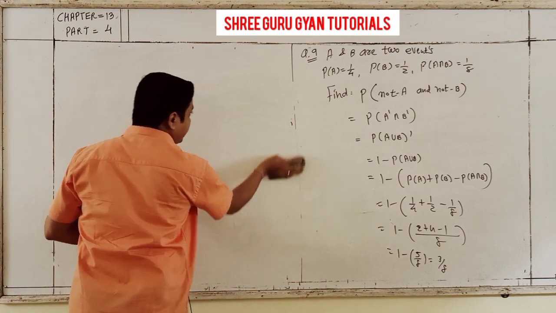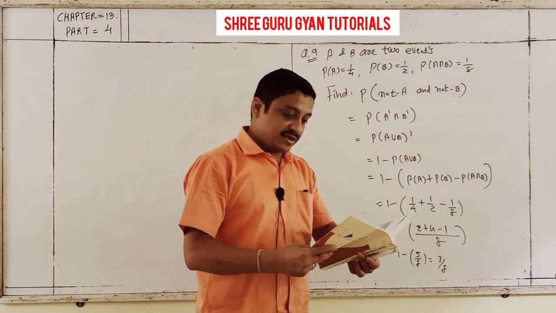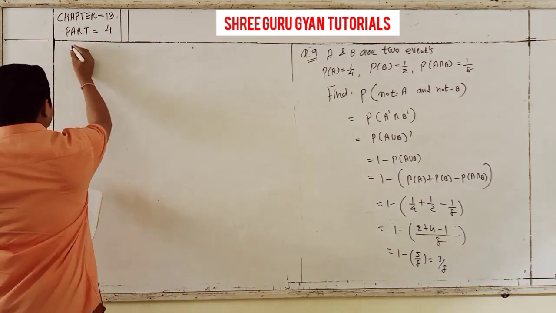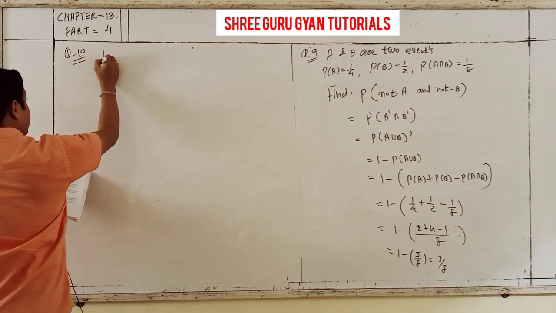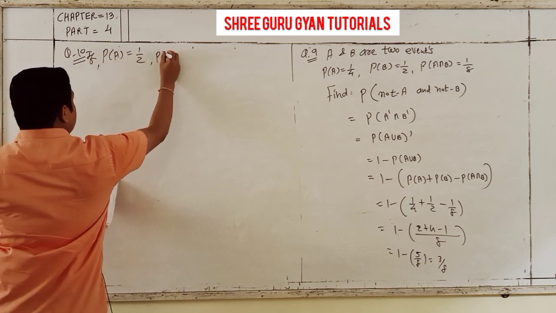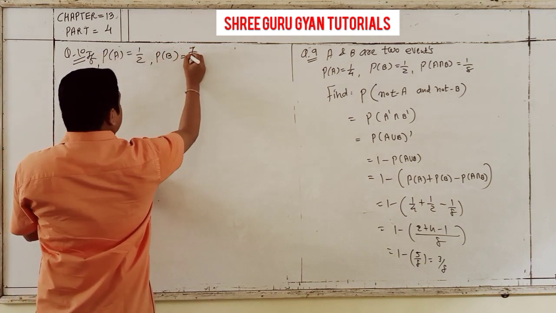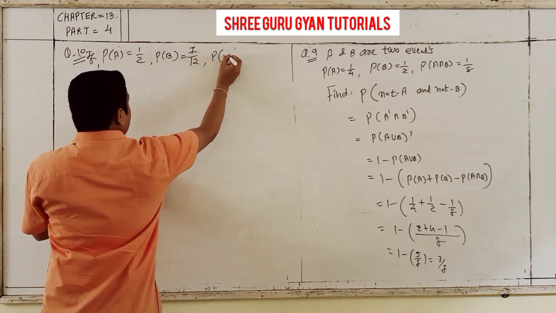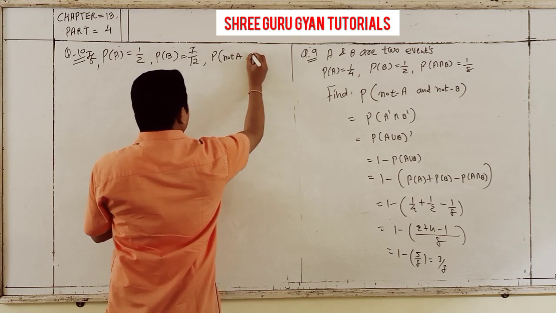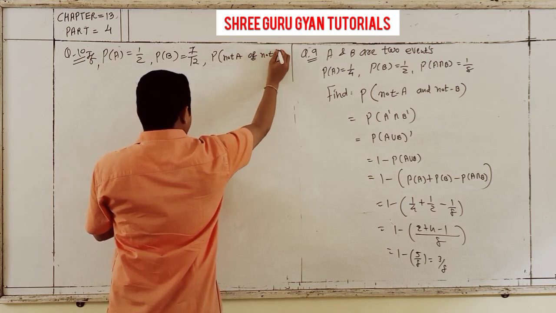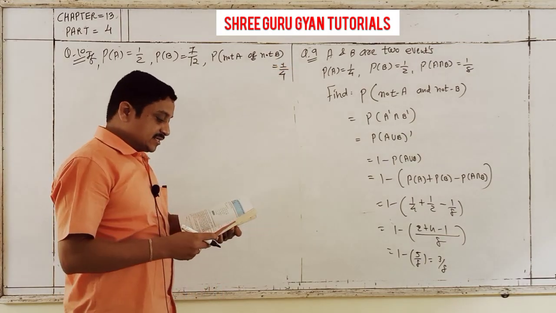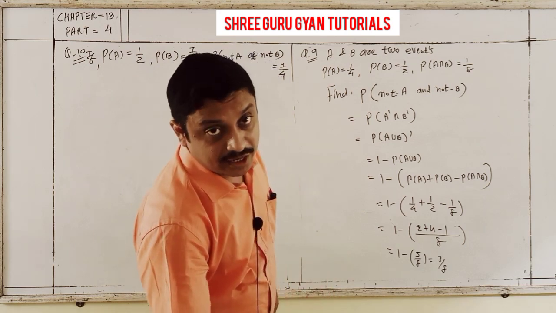In the same way, given that events A and B are such that, and asking whether independent or not: events of probability P of A is half, P of B is 7/12, and not A or not B is 1/4, and asking to check whether A and B are independent or not.